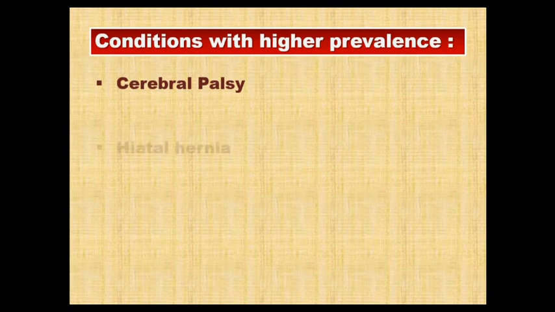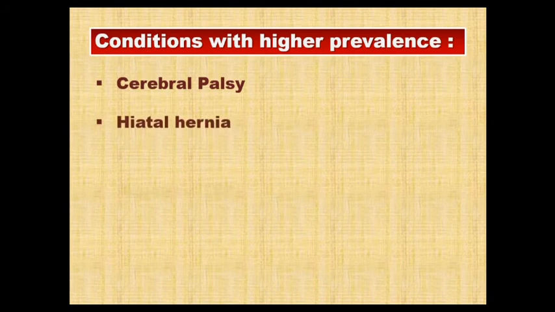Now, what are the conditions with higher prevalence? In other words, the high risk to develop gastroesophageal reflux disease. Cerebral palsy, and of course, this is because of the neuronal impairment that affects the vagal innervation of the lower esophageal sphincter, causing decreased tone, and the babies with CP are always recumbent, and this will lead to reflux and retrograde movement of the gastric content.